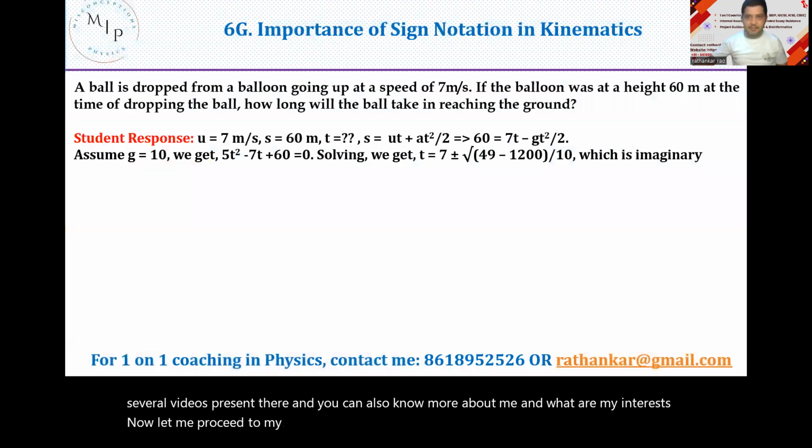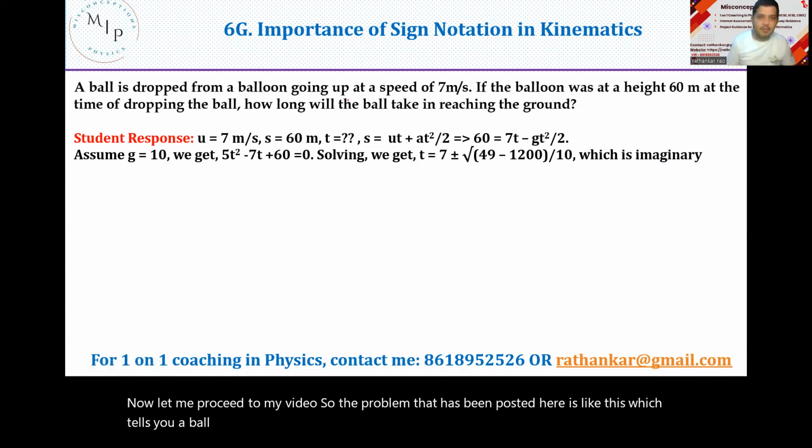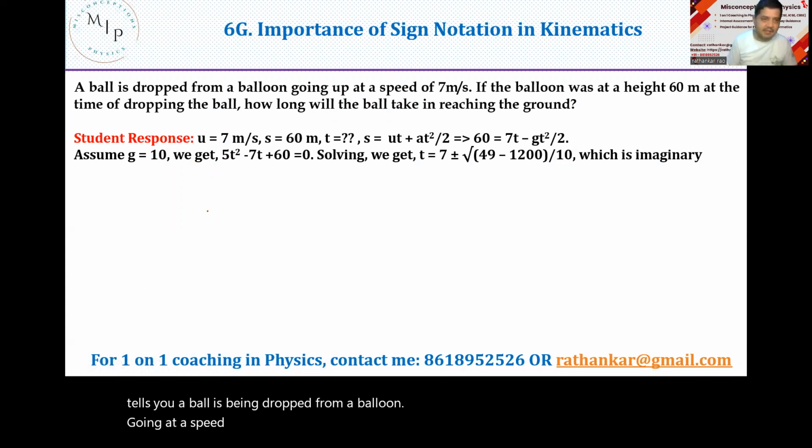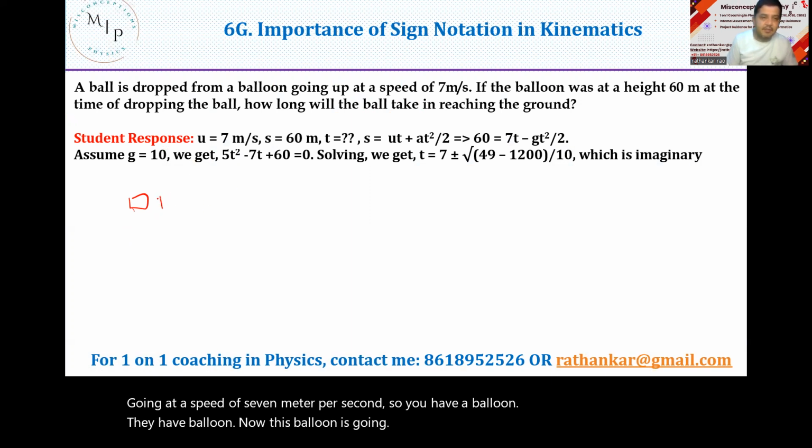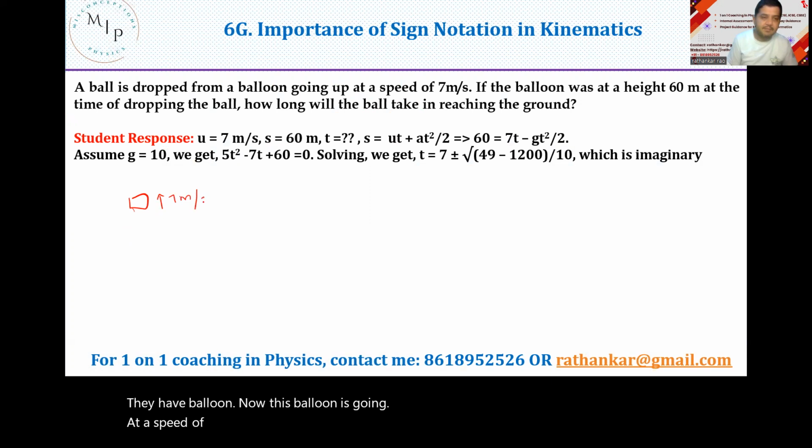So the problem that is being posted here is like this: a ball is being dropped from a balloon going at a speed of 7 meters per second. So you have a balloon, and this balloon is going at a speed of 7 meters per second.